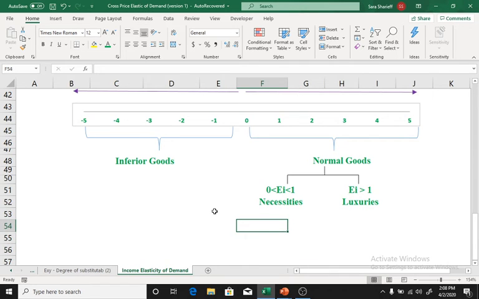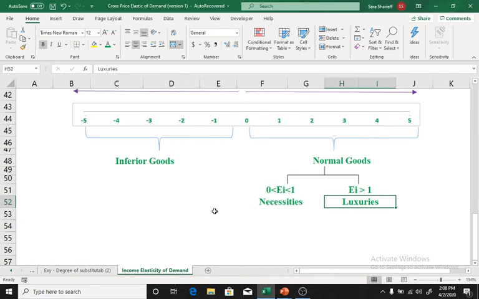Main reason is that we are already consuming the necessity good even before our income increased, because it was necessary for our survival. So later, when our income increased, our quantity demanded did not increase. Quantity demanded of necessities did not increase significantly because we were already consuming it. So income elasticity of necessities is a number between 0 and 1.